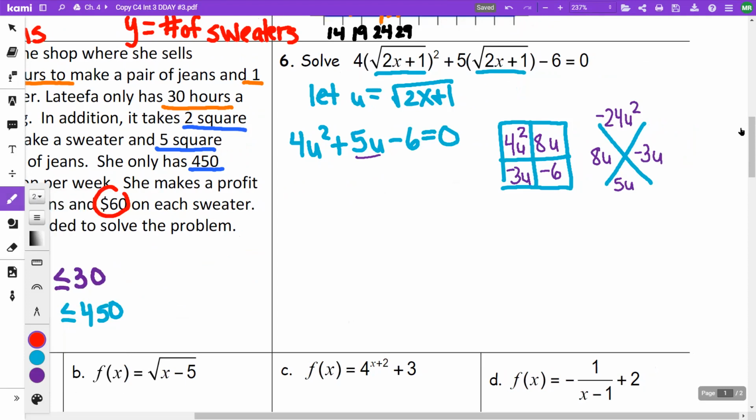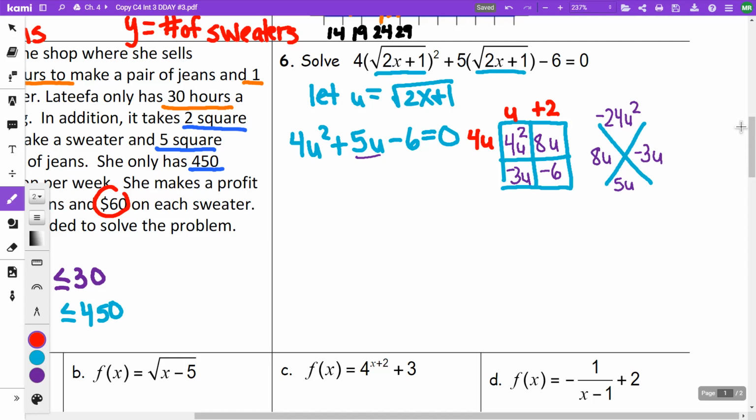So when I'm doing this, I focus on my 4u squared. It could be a 2 and a 2, but because of this 3, I know it can't be a 2 and a 2. So it's going to be a 4 and a 1. So 4u and u. 4u times what gets us 8u? 2.